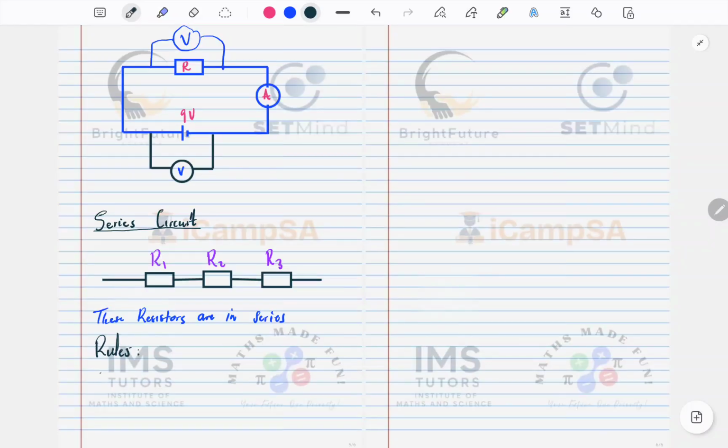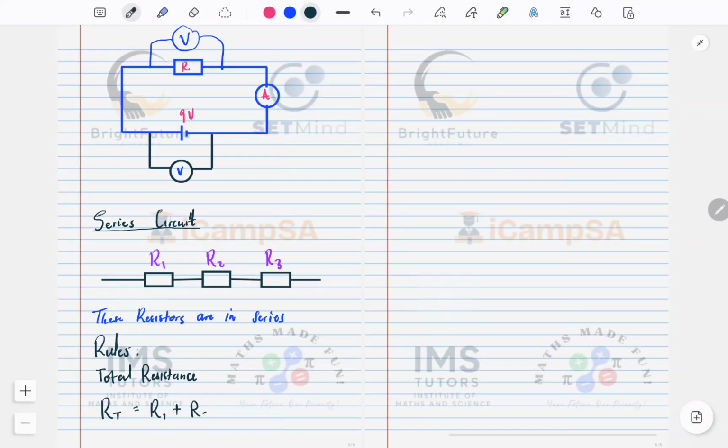So, if we want total resistance of this small circuit, then we would say R total is equal to R1 plus R2 plus R3. This is because they are in series, okay?